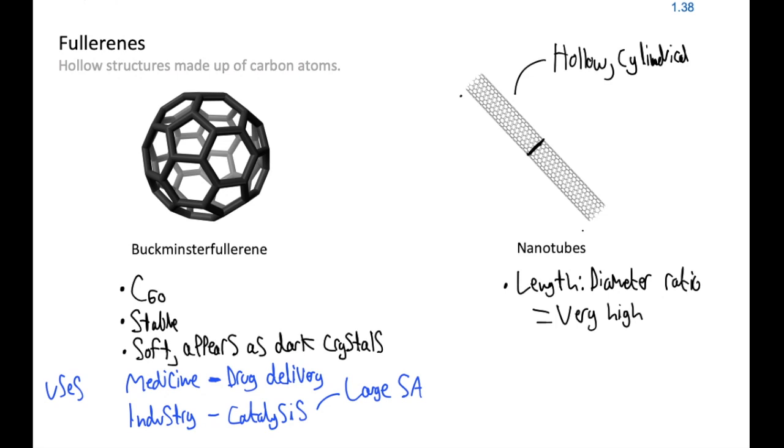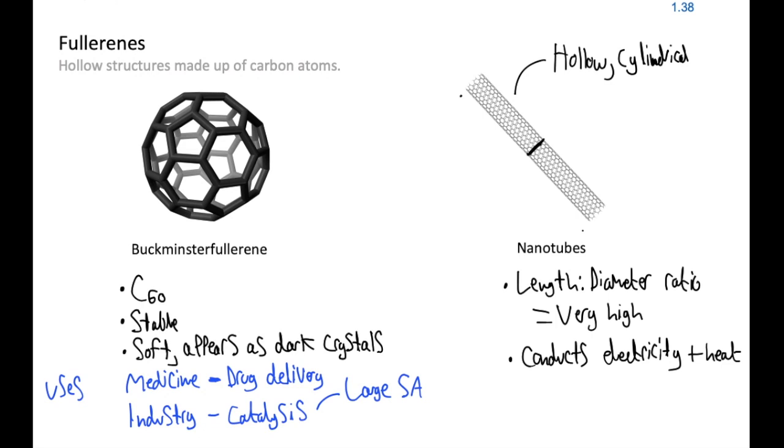Nanotubes can be used as conductors of electricity and heat, as well as for uses potentially in medicine and industry. A particularly good use for nanotubes could be for things like tennis rackets and other related pieces of equipment.